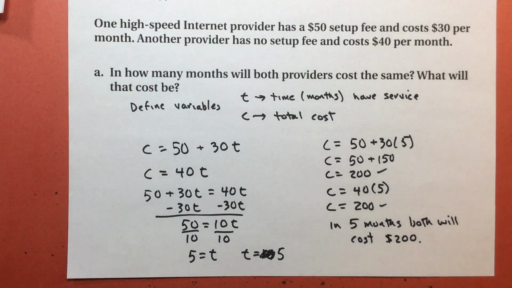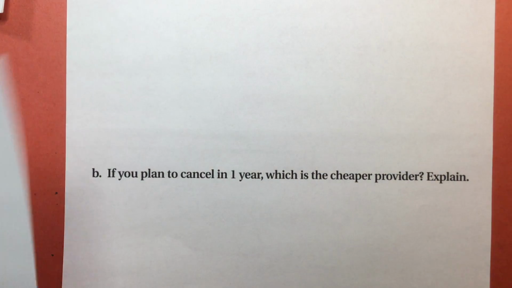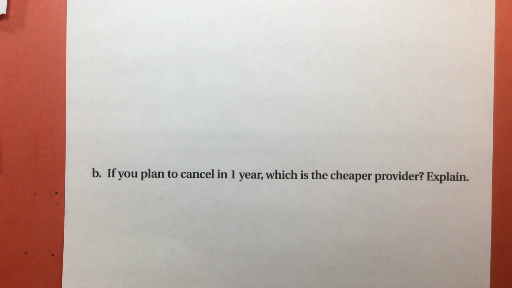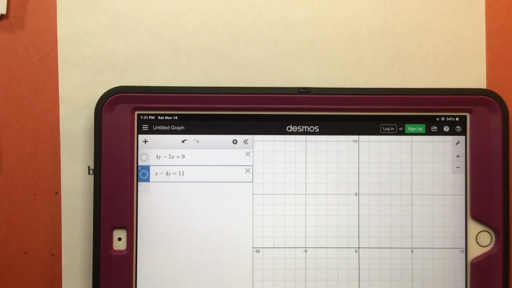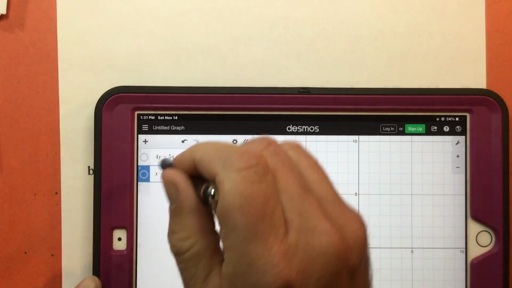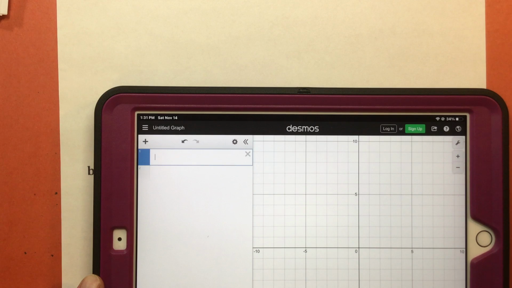Now there's a second part here, and I wrote the question kind of in the middle of the paper because I thought I would need some space first to talk about it. And I'm actually going to go back to Desmos for just a moment to show you what's happening here. Sorry, let me clear these out. So this time you actually get to see me write in Desmos. Now I have to use x and y, so instead of c I'm going to use y. y equals 50 plus 30x.